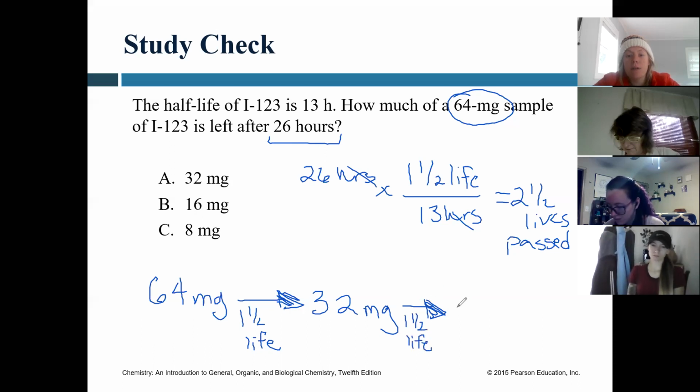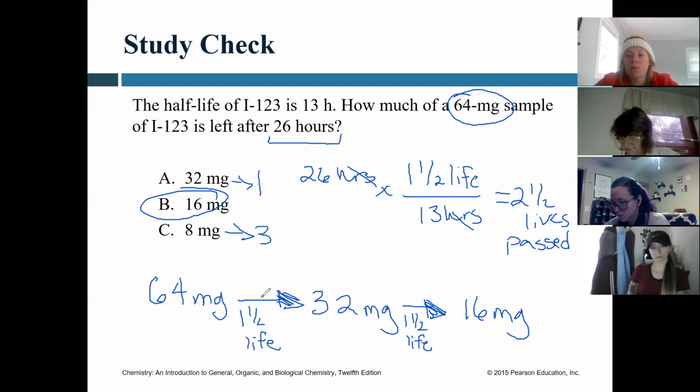After another half-life, we end up with what? 16 milligrams. 32 would have equated to 1 half-life. This would have equated to 2 half-lives. Any questions on that?